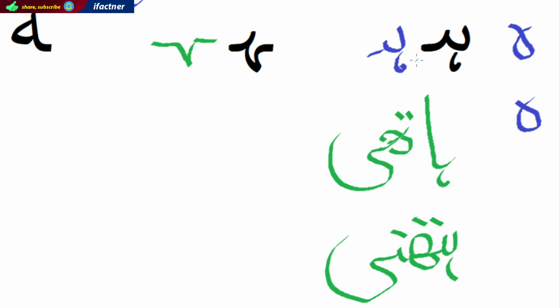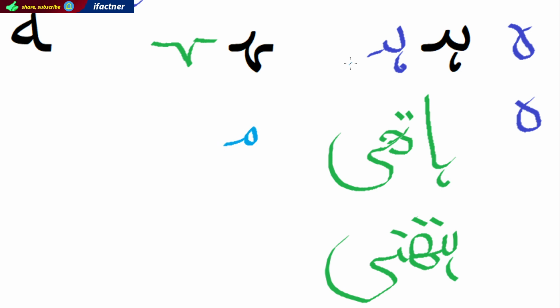Let me write a word, let's suppose Mehkhana. Mehkhana is the place where people drink alcohol. So let's see how we write it.